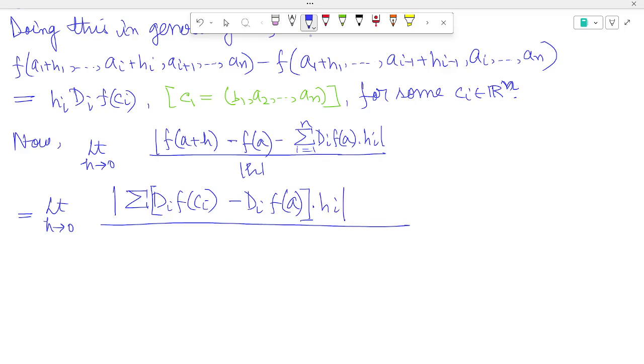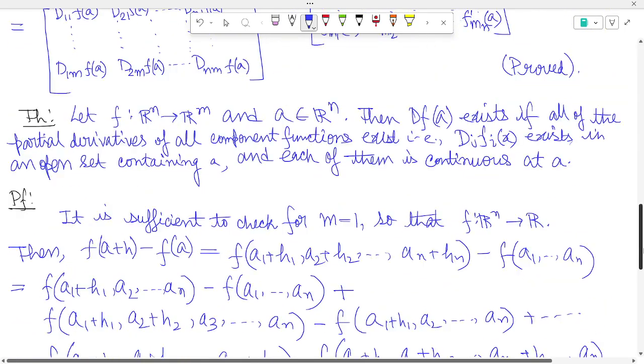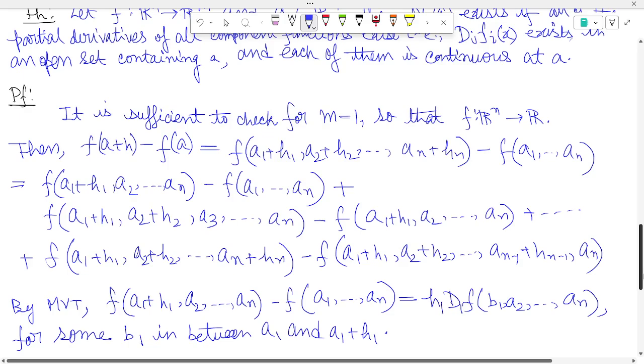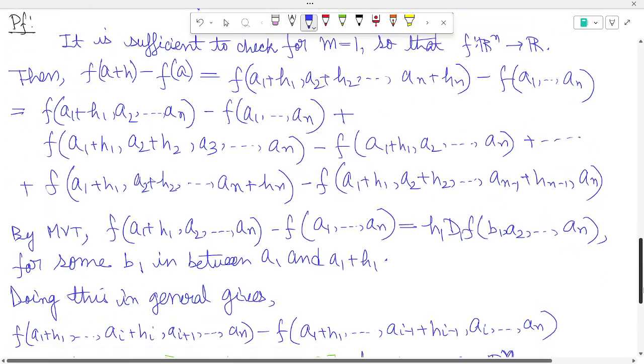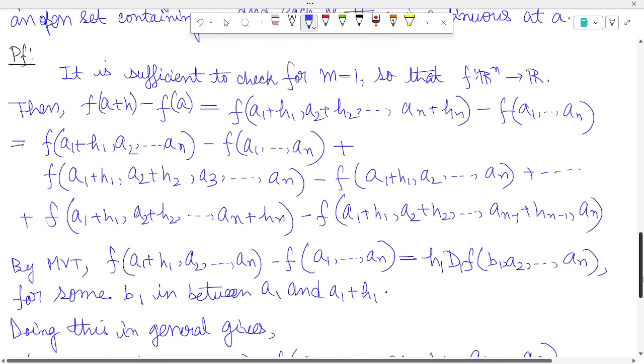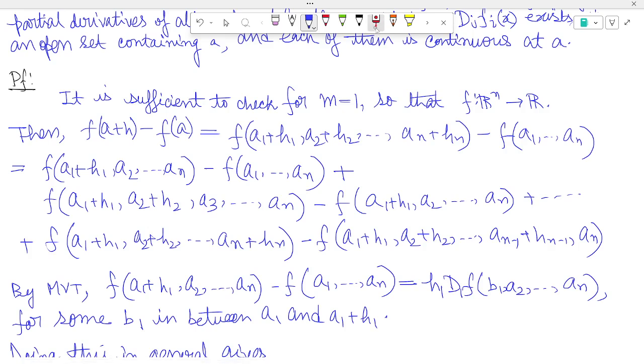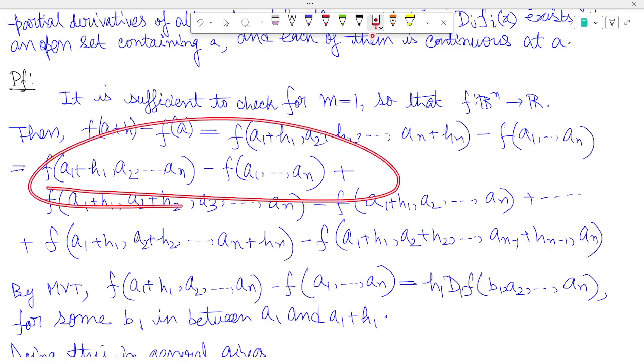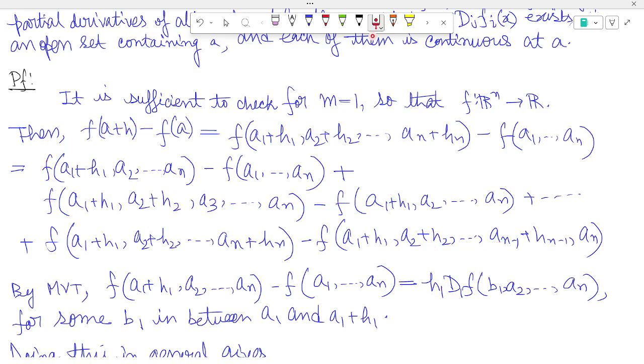Obviously, this is this thing divided by the norm of h. Why? Because of this. See, this part is this. So from the second part, I will get some h2 D2 f at some c2.